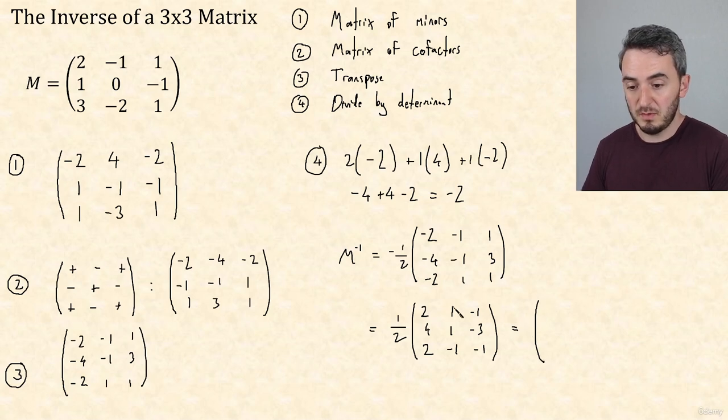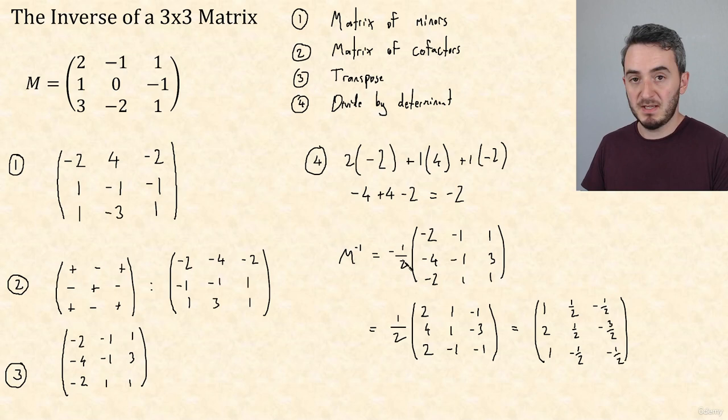So multiply every single term in the matrix by a half, gives us 1, a half, minus a half, 2, a half, minus 3 over 2, and 1, minus a half, minus a half. All three of these are acceptable ways of leaving your answer. Of course, they're the same thing.